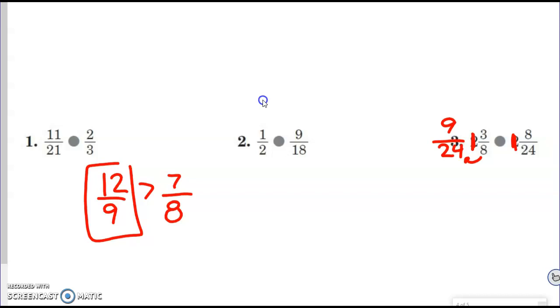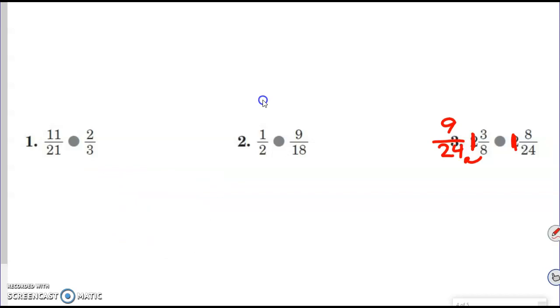And by that, I mean, let's say I was comparing, I'm going to keep the 12/9, let's say I'm comparing 12/9 to 1 2/3. It's kind of hard for me to tell. I know they're both over 1, but because one is an improper fraction and one is a mixed number, it's going to make it hard to compare. They really need to be the same.